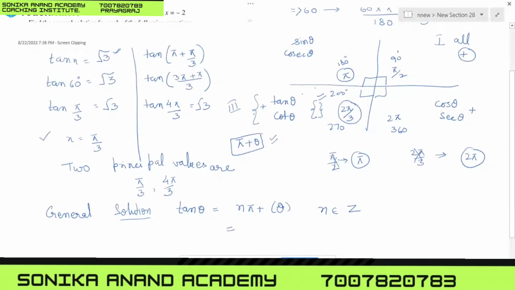So now, how will you write the general solution? We write the general solution x is equal to n pi plus the first value which we found, that is pi by 3, and n belongs to integers. In this way we write the answer.